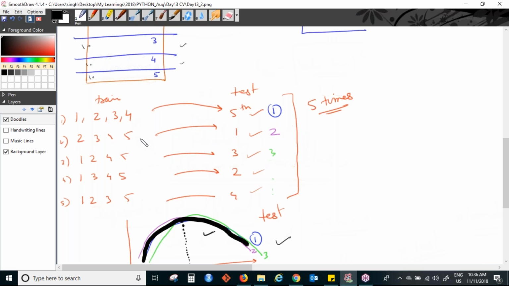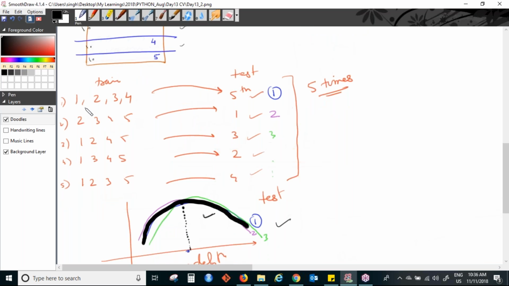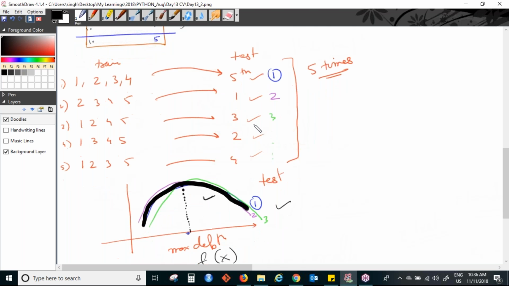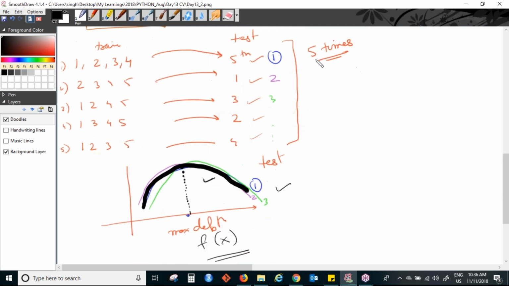So finally you will have a model which is being built on all the parts, and also tested on all the parts. You will build a total of 5 models, and for each of the 5 models, you will have a plot like this, which will give you the value of max depth.